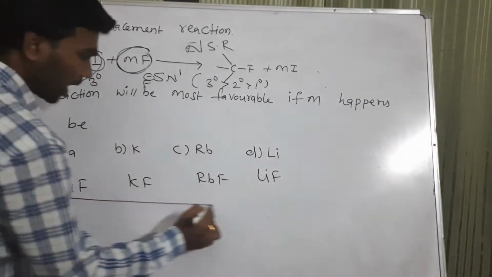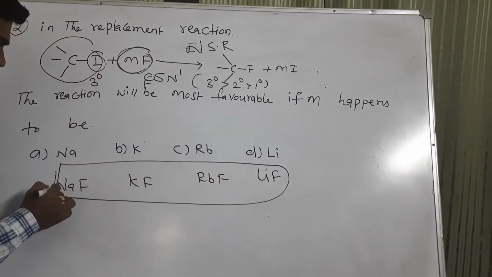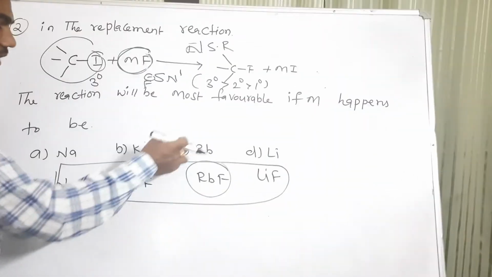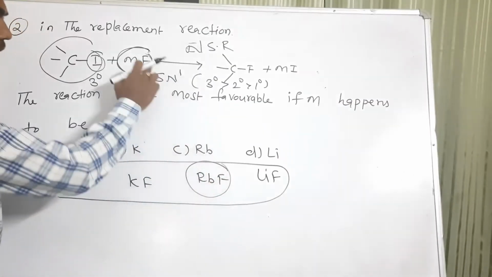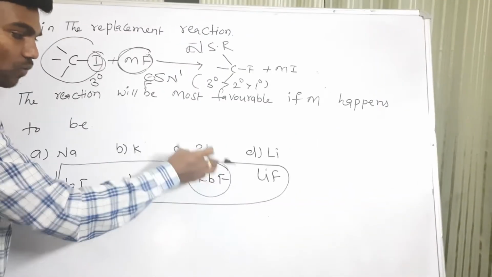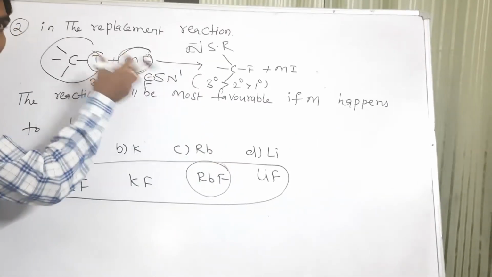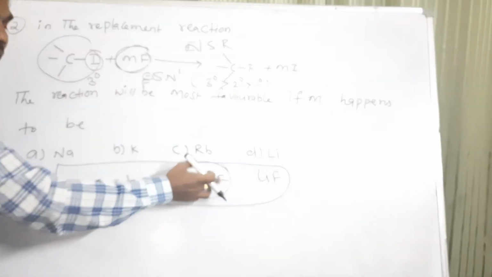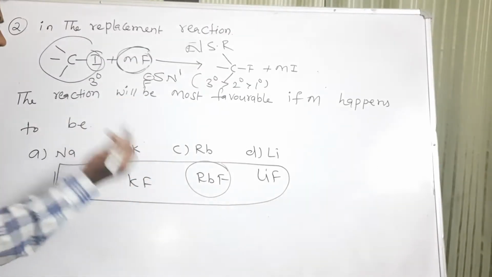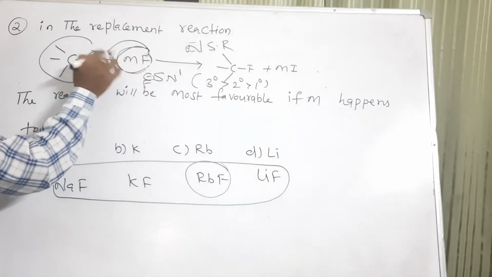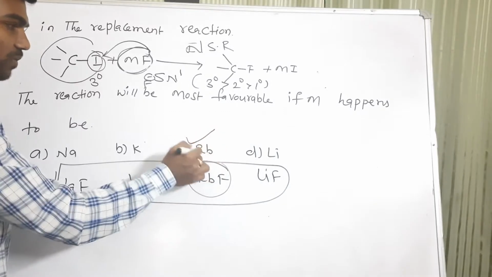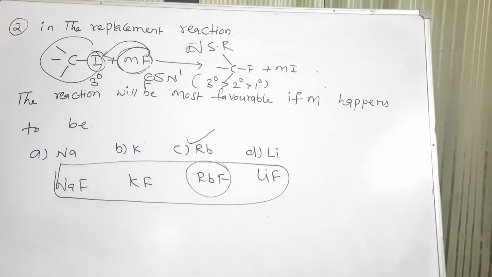According to Fajan's rules, rubidium fluoride will have more ionic nature. So rubidium fluoride exists as an ionic compound, and fluorine exists in the form of fluoride, which can easily replace the iodide ion. So among the four options, when you take this metal, the reaction will be favorable.